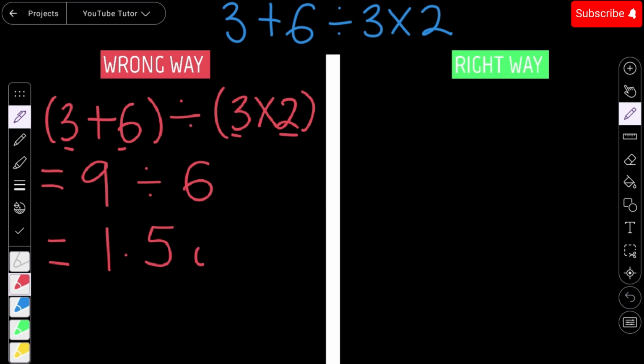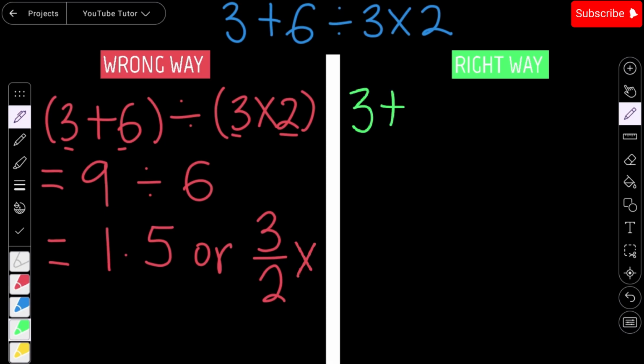If you want it in a fraction format too, it is 3 over 2. Now this is wrong. The right way to do that is by rather bringing the 3 to stand alone, plus 6 divided by 3, and we put that in parentheses, times the 2 at the end.